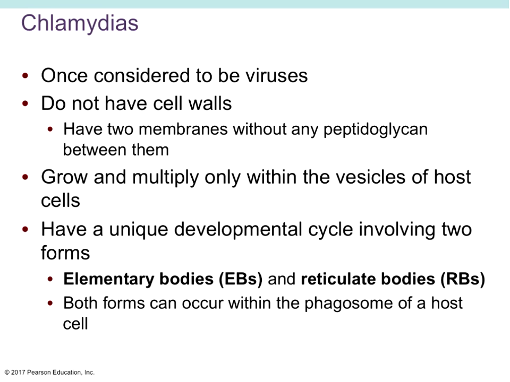And we used to think they were viruses because they were so small and they had this kind of virus lifestyle. They're obligate intracellular pathogens. They do have cellular aspects to them, and they are cellular. They've got genetic material. They have functional 70S ribosomes, and they do have two membranes, kind of like a gram-negative bacterium, but they don't really have that peptidoglycan between the membranes.